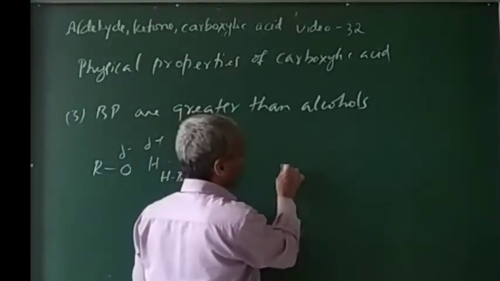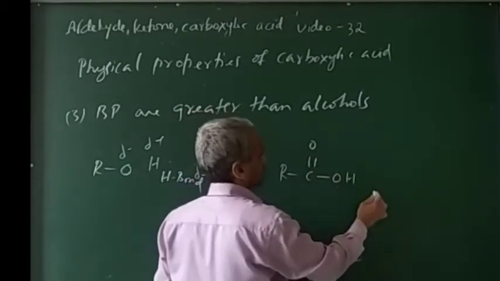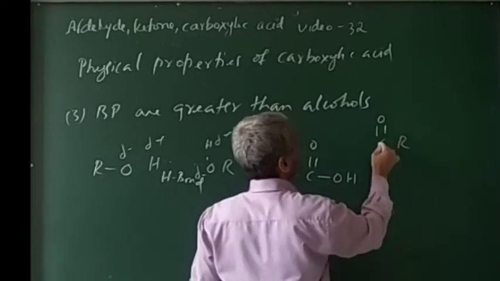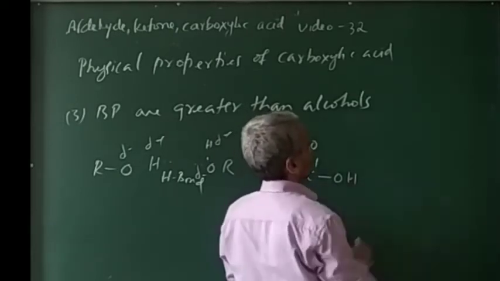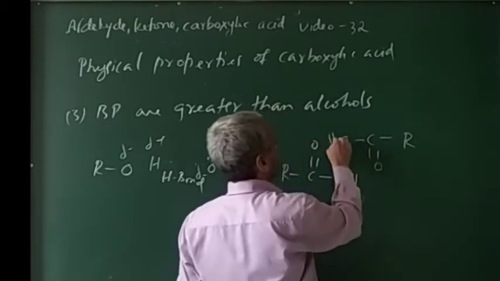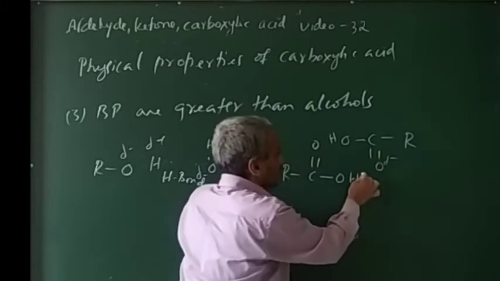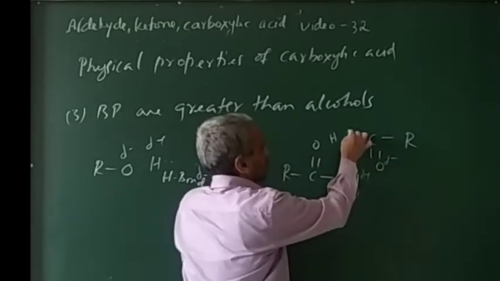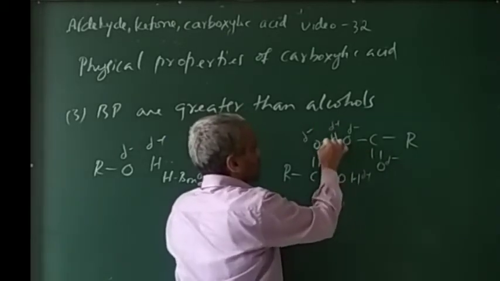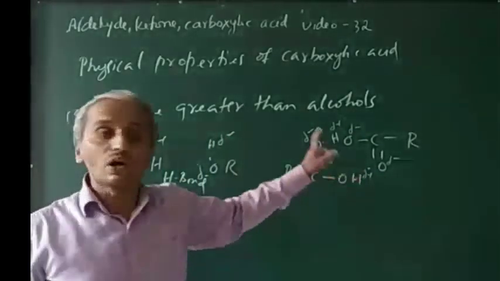Take a carboxylic acid, RCOOH, RCOOH. So this becomes the delta minus, this is the delta plus. This is delta minus, this is delta plus, this is delta minus. Hydrogen bond, hydrogen bond. Stronger hydrogen bond.